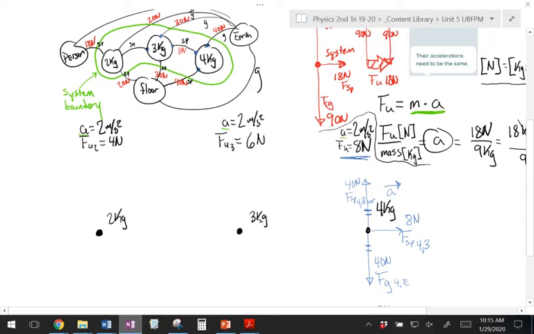Re-ask the same question. All right, in the pair deck, here's what I want. Not the whole free body diagram. I want the force that would be called 3, 4. I want the force that the 3 feels from the 4. Which direction is it? How much is it? 8 Newtons.